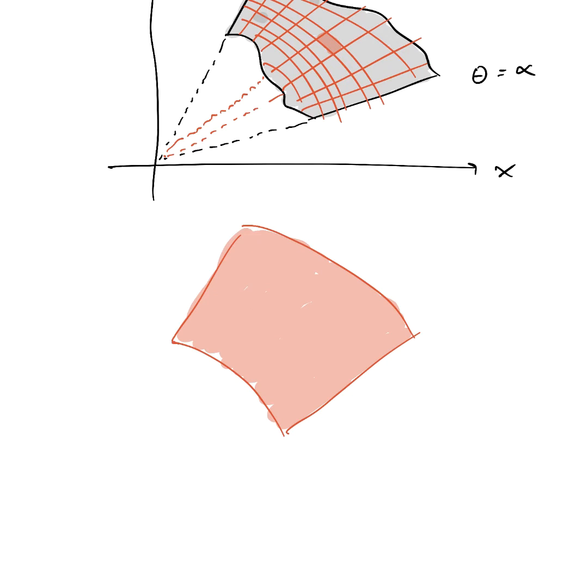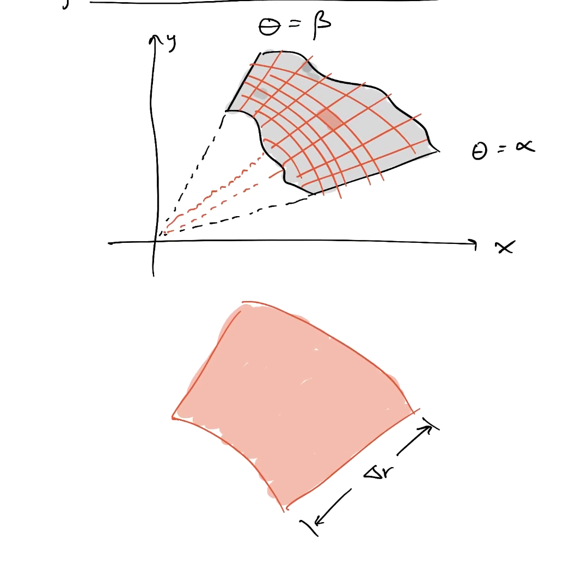So this dimension here corresponds to a tiny change in radius, so a tiny change in distance to the origin. So back here on this picture, that's right here. And then there's a tiny change in theta, which back here on this picture you might call delta theta.